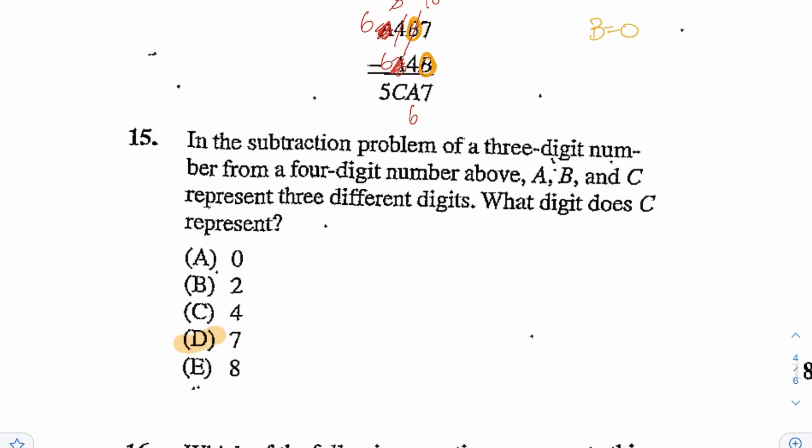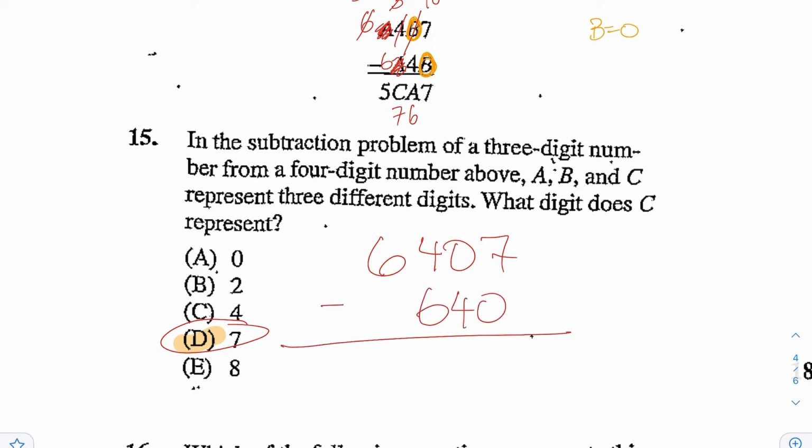So this 3 you borrow to 13, 6 becomes a 5, and 13 minus 6 is equal to 7, choice D. So the correctly solved problem is 6,407 minus 640. So 5,767.